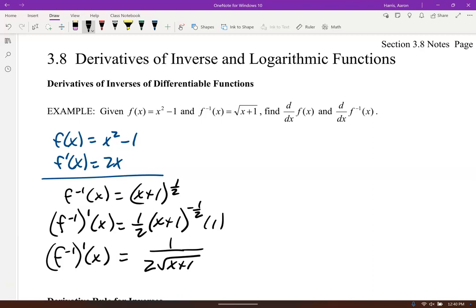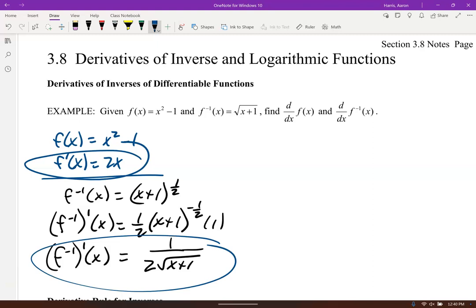Well, it may be hard to see, but if you're looking at the derivative of the original and the derivative of the inverse, if you take this 2x, the derivative of the original, and you put it 1 over, so you flip it, so it's the reciprocal, and then you replace that x with the actual inverse of x, so I replace x with the inverse function, right?